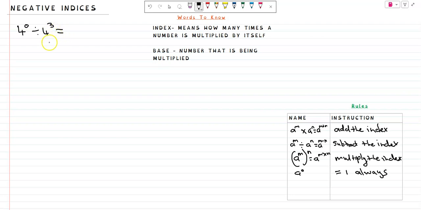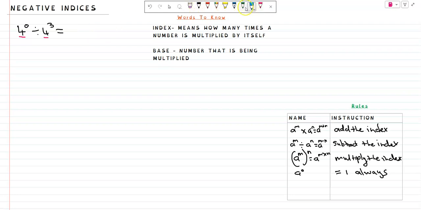Okay, so if we look at our rule that we have here, we're going to work with this rule here that says a to the power of m divided by a to the power of n equals a to the power of m minus n, where we subtract the index. Remember, our first step is to check: do our bases look the same? Are our bases the same? Yes, it is the same. So we can definitely follow this rule.